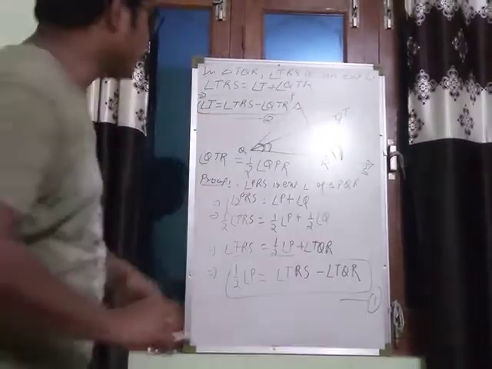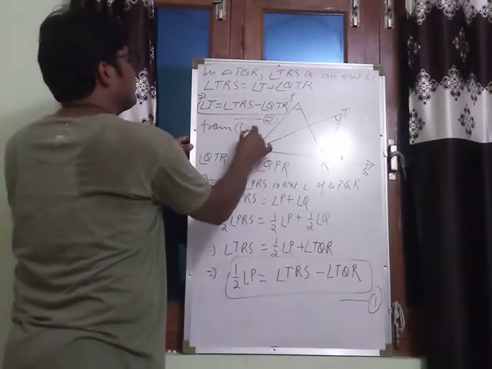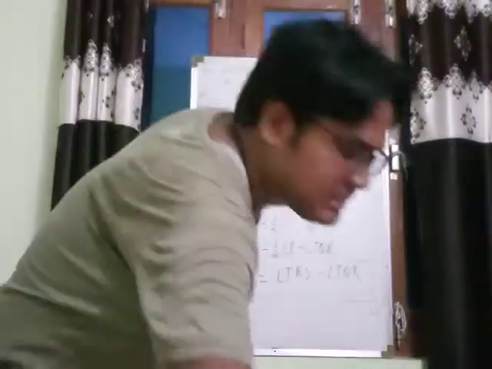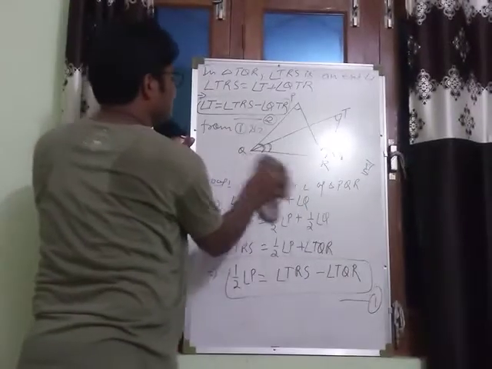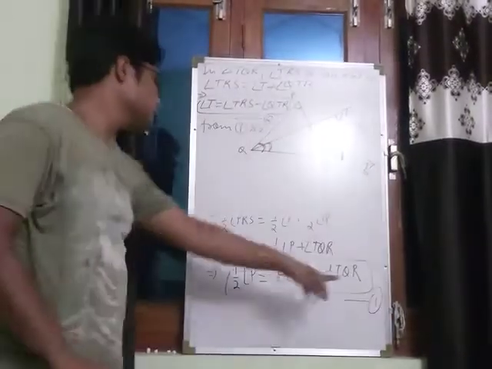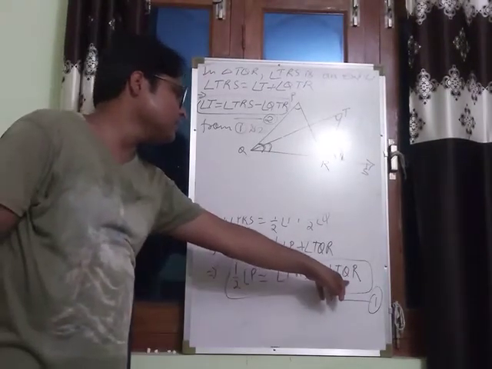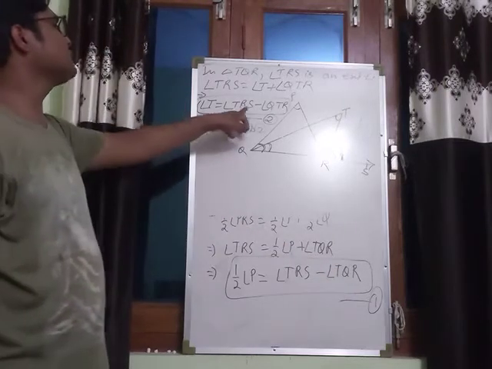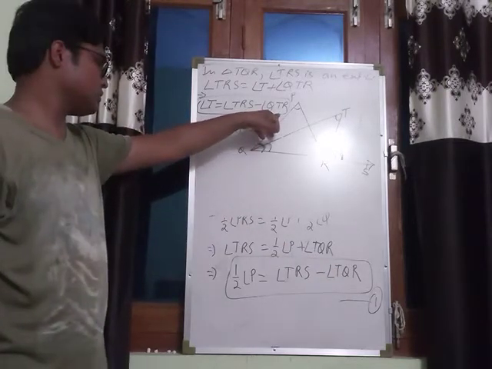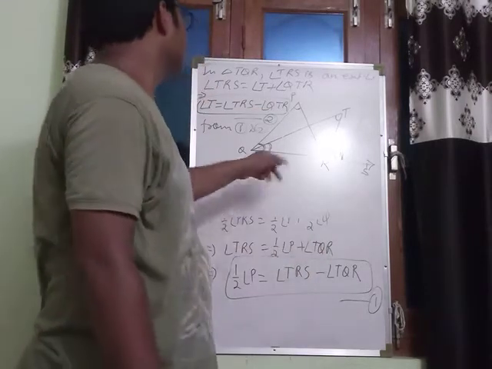Now from first and second, what we have? See their right sides. This is first. Its right side is angle TRS minus angle TQR, and this second is TRS minus this.